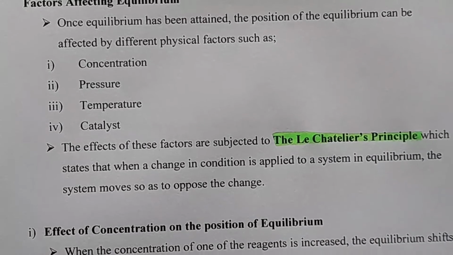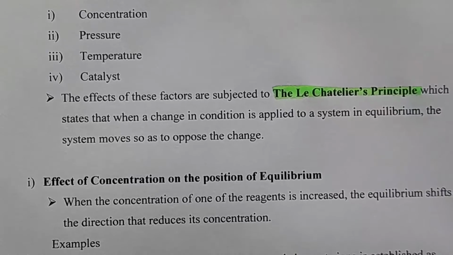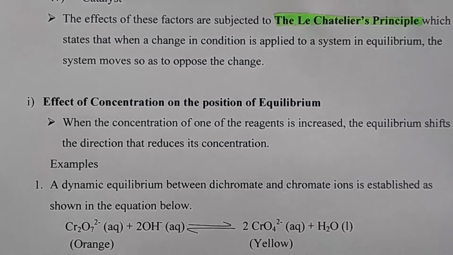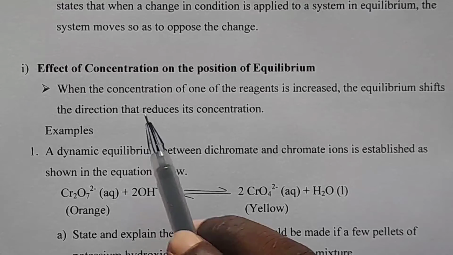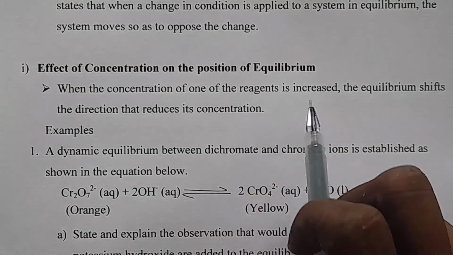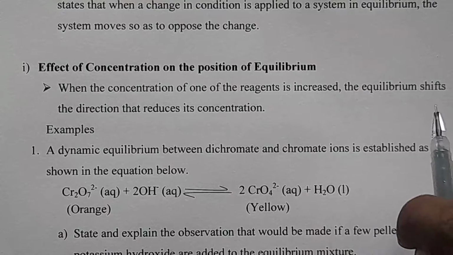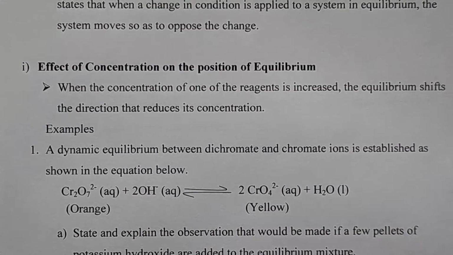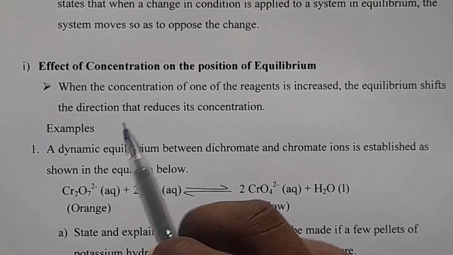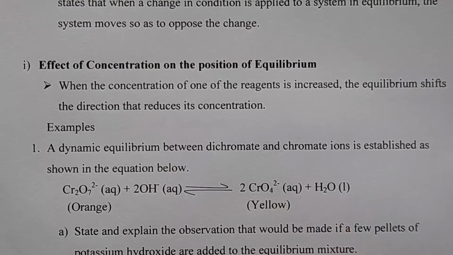So we go to the first factor, 1, effect of concentration on the position of equilibrium. We are saying when the concentration of one of the reagents is increased, the equilibrium shifts in the direction that reduces its concentration. And if the concentration of one reagent is decreased, the equilibrium shifts in the direction that increases its concentration. You have to note that also.